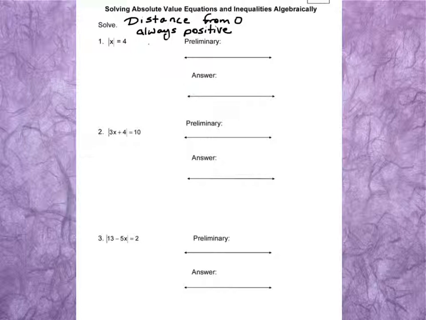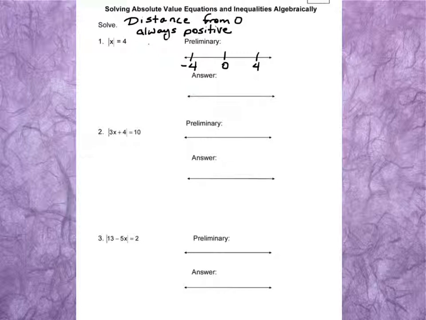Now, being absolute value, there's two values of x that will equal 4. I could just work on this number line that's already here. Looking at this, 4 units away from 0, there's a positive 4, but 4 units away from 0, there's also a -4.